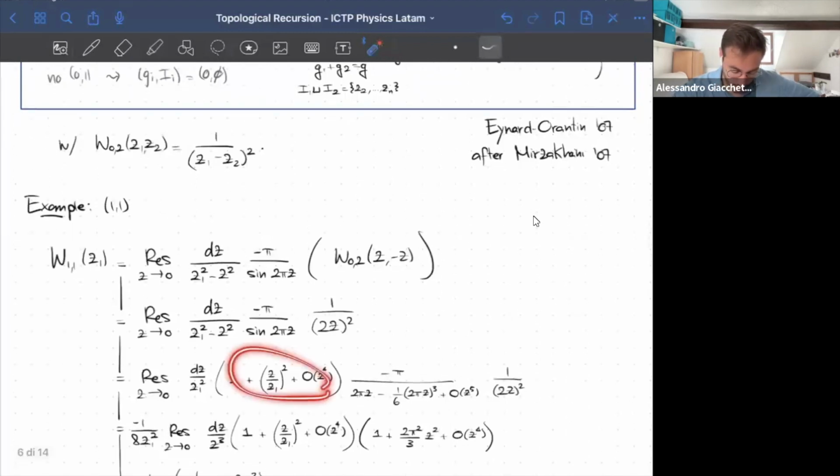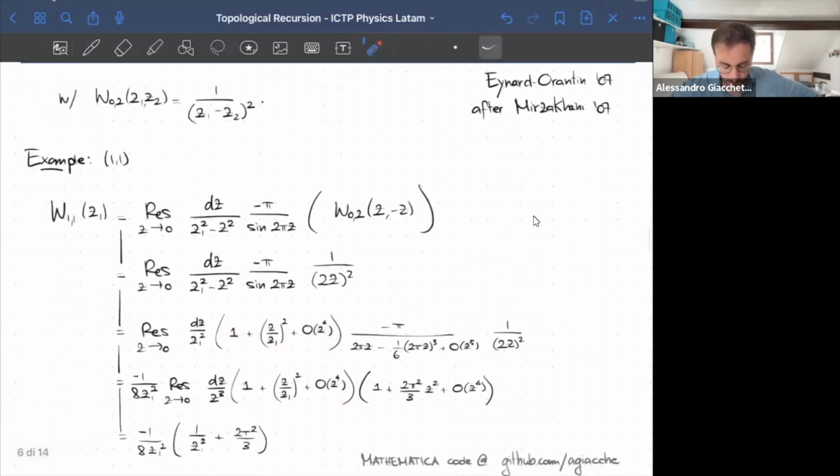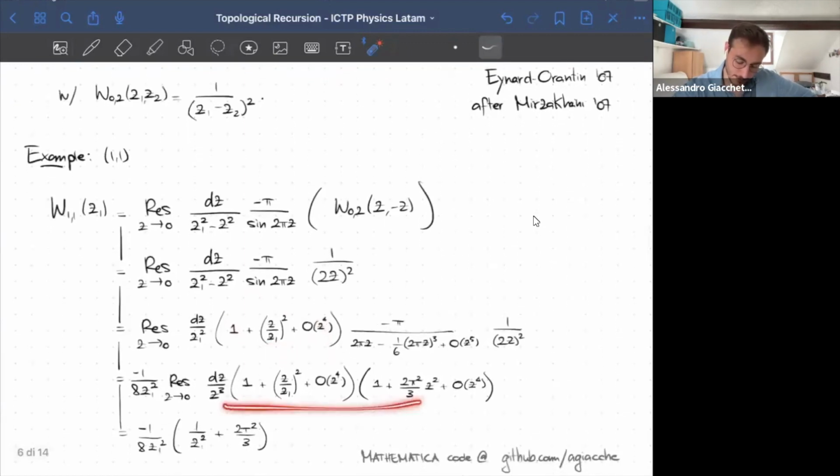Here I just copied this term, and collected some z_1 and some constants, and this term here is essentially the expansion of 1 over sine. Written like this, it's easy to understand what the residue is.